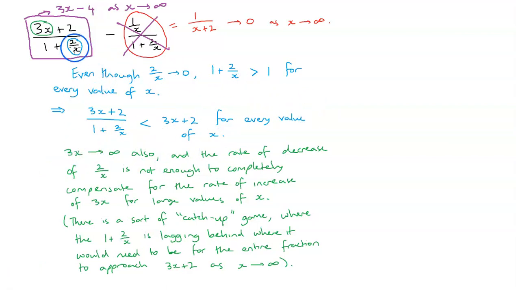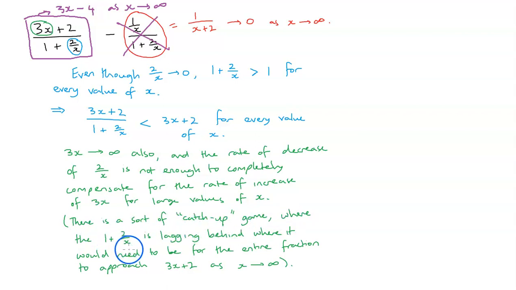Secondly, observe that even though 2 divided by x is going towards 0, 3x is going towards infinity also. And the rate of decrease of 2 divided by x is not enough to completely compensate for the rate of increase of 3x for large values of x. We can think of it as a sort of catch-up game.